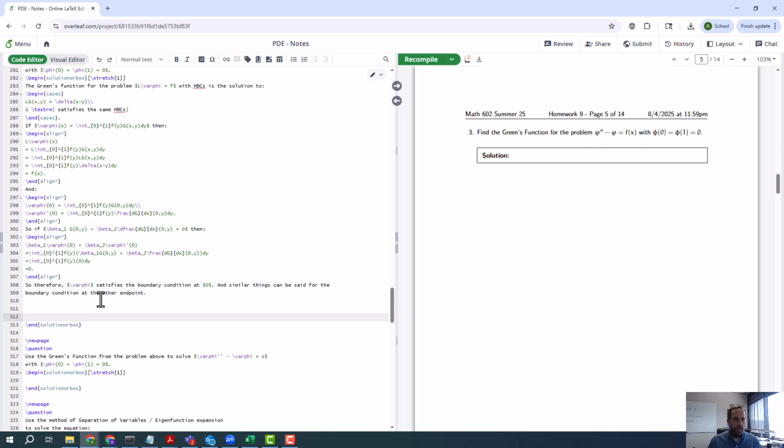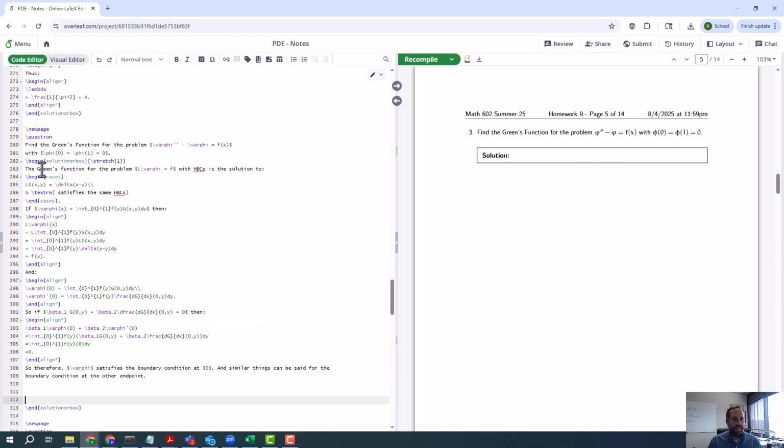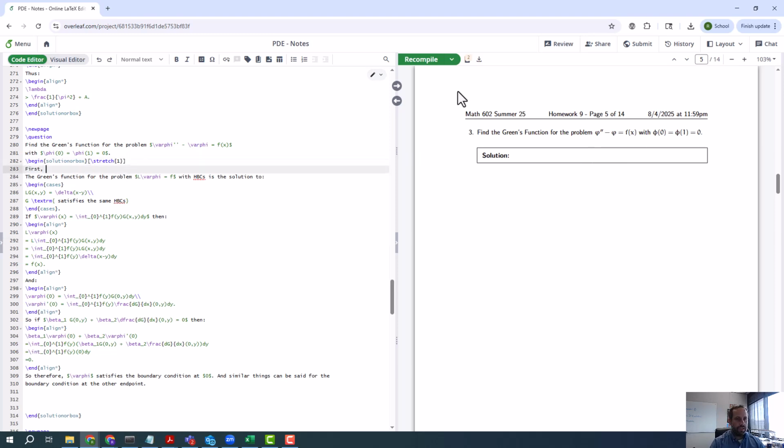So all of this part right here has nothing to do with the actual problem. I mean, it has something to do with the problem, but it's not solving the problem. So first, this is why we care about the Green's function, and we'll use it for the next problem.